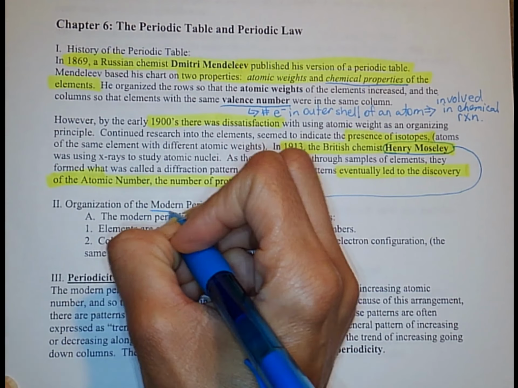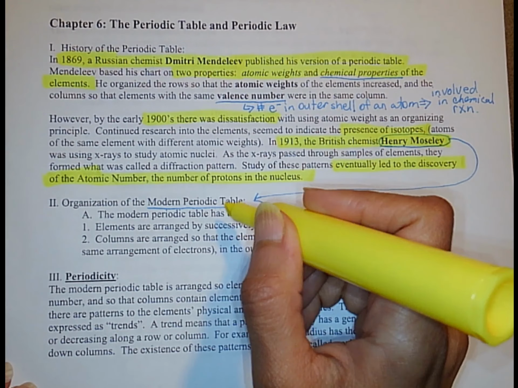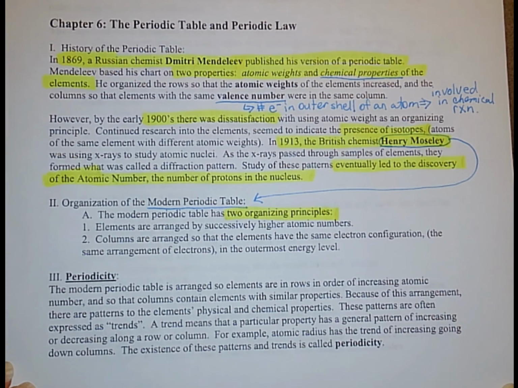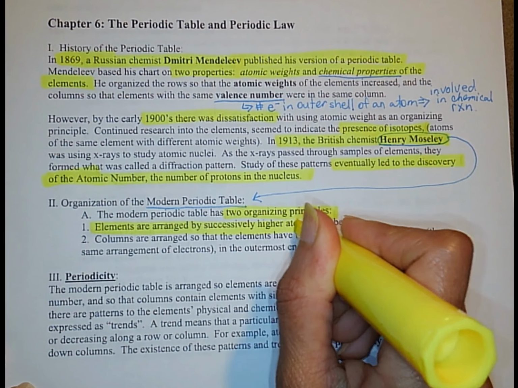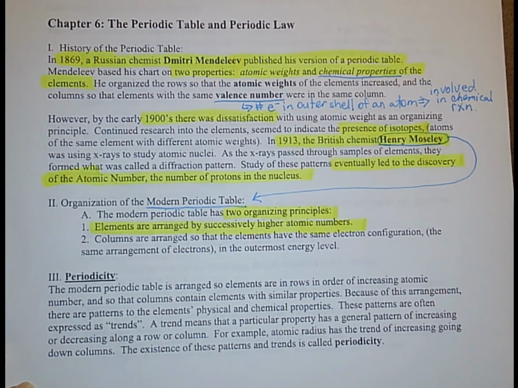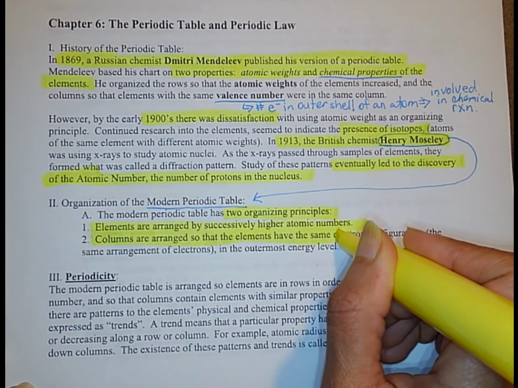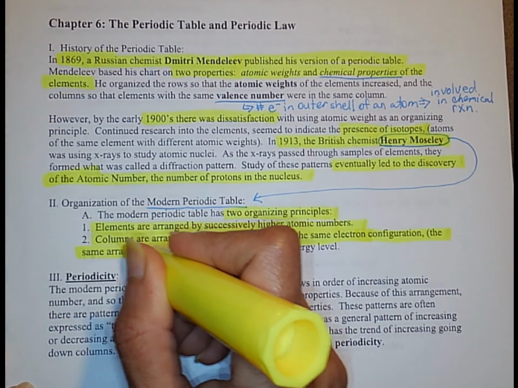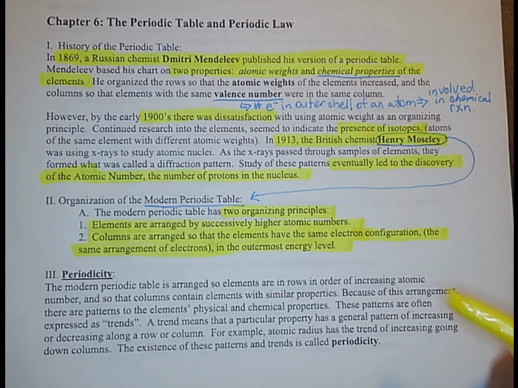The modern periodic table is organized into two principles. The elements are arranged by successively higher atomic number, and the columns are arranged so that the elements have the same electron configuration, the same arrangement of electrons in the outermost energy level.